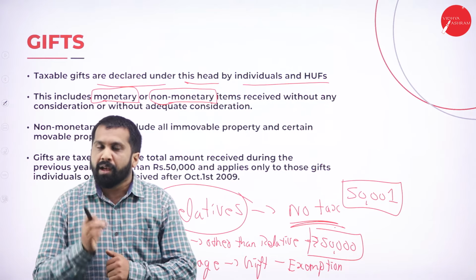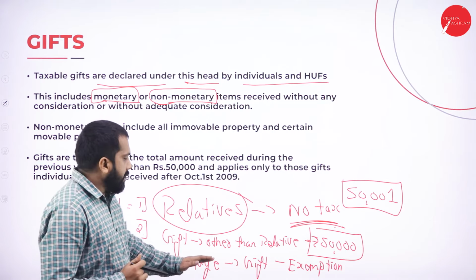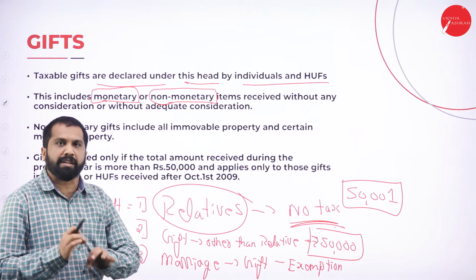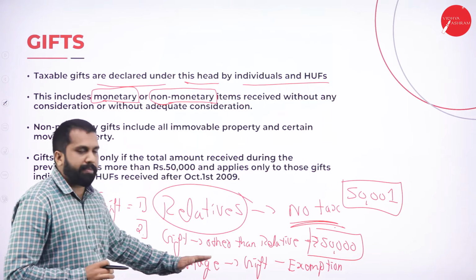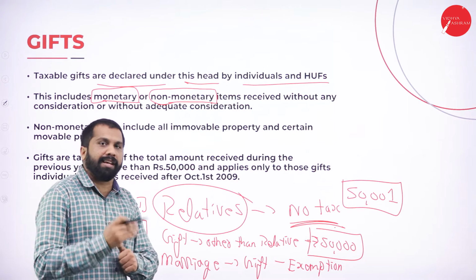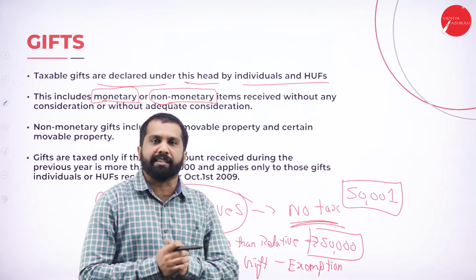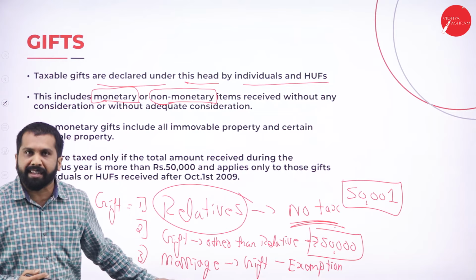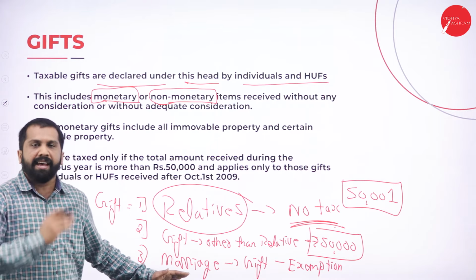Hope you are clear. On the occasion of marriage, gifts collected from relatives or non-relatives, irrespective of person, are completely exempted. Remember, only on the first marriage. So it is not like every year I'll get married and I'll get a gift. It is not possible. Only on your first marriage, whatever gift you have collected is completely exempted.